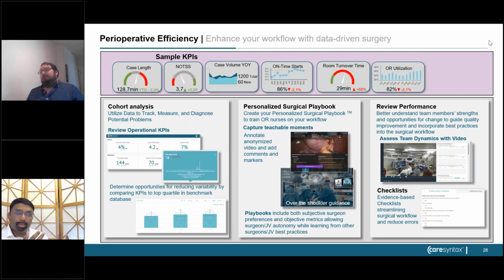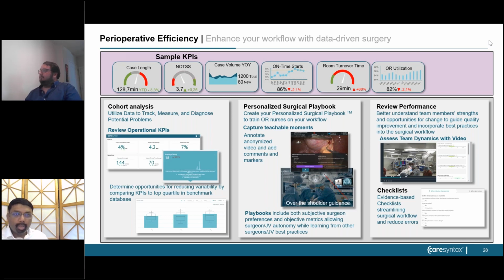And these look at things like teamwork dynamics, situational awareness, communication with the OR staff and the surgeon. So you're quantifying teamwork dynamics and giving that a score of 0 to 4. And now, can we start looking at that and saying, is there variability? Can you start looking at case length, case volume, on-time starts, room turnovers, or utilization of these constructs in here too?